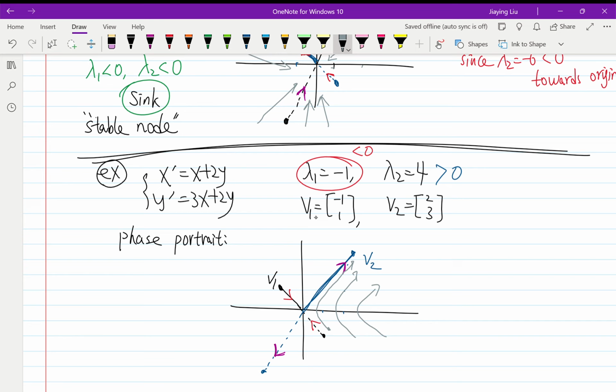In the top part, the solution is going to move towards the origin and then move away. If we have the lower quarter, we're going to do the same thing. So that's what the solution curve looks like. And the origin in this case, this portrait is what we call a saddle node.